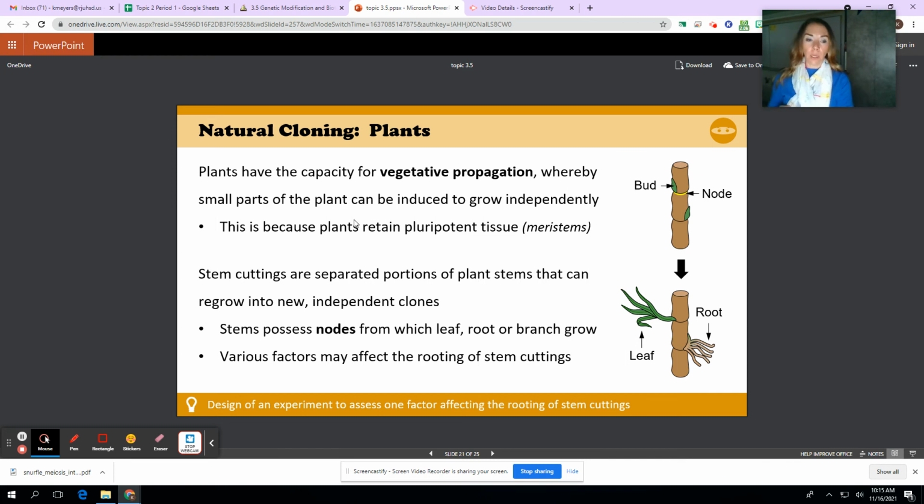So in stem cutting, separated portions of plant stems can regrow into new independent clones. Here's a stem, which possesses what are called nodes from which leaves, roots, or branches grow. Here's a node, here it's budding off. Various factors may affect the rooting of the stem cutting, but I can take this little area and grow a root and a leaf from it, because the nodes have all that stuff.